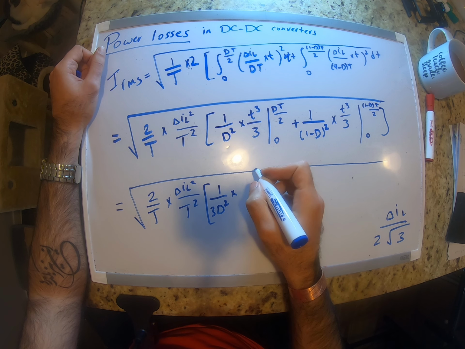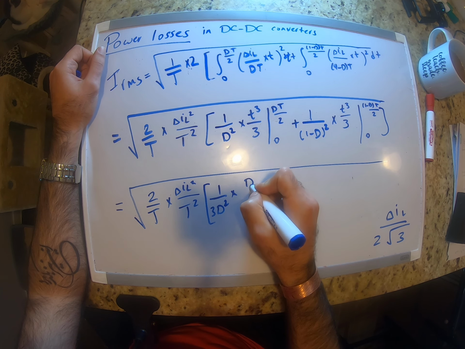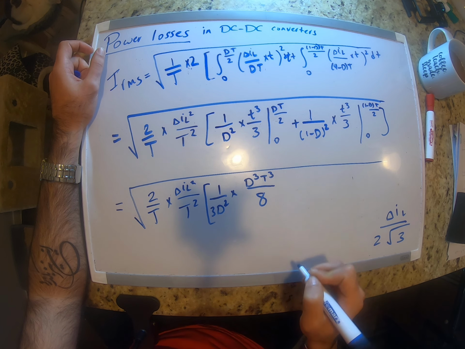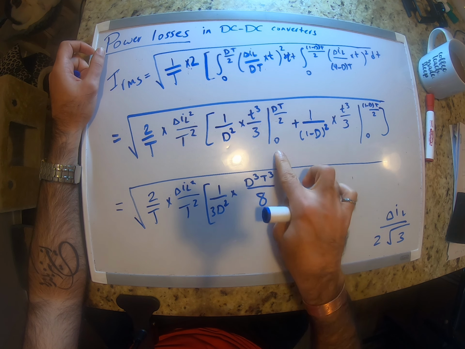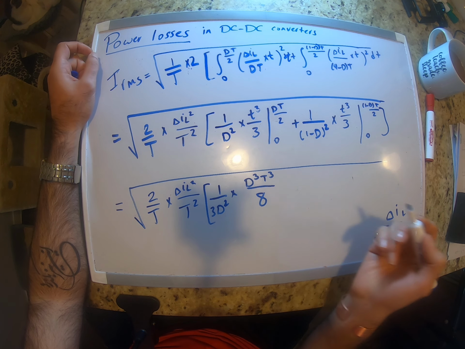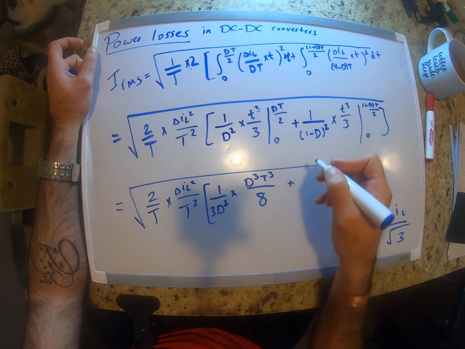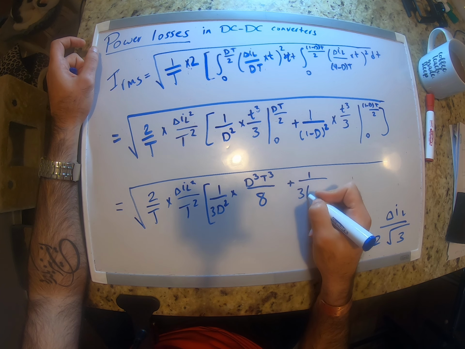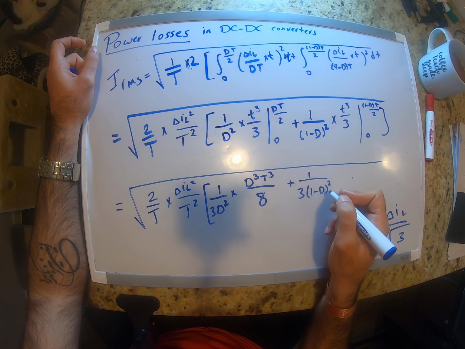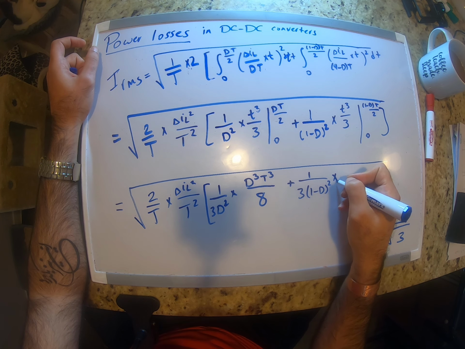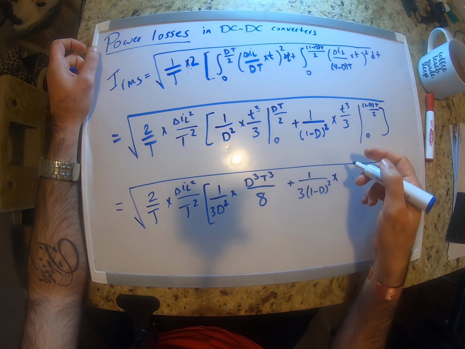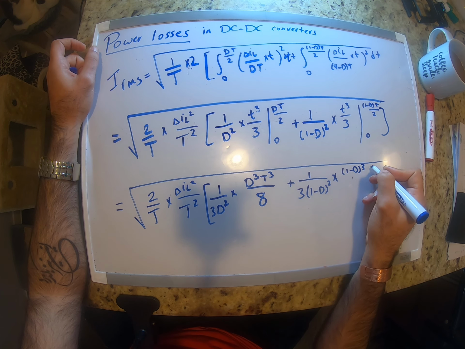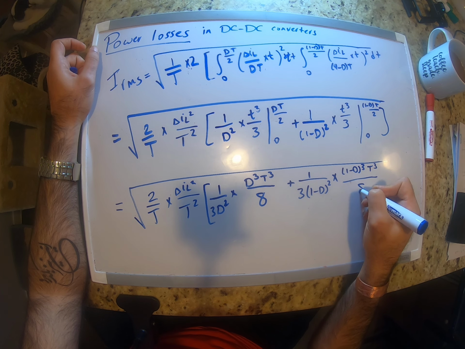So this is going to be d cubed t cubed divided by 8. And for 0 this is going to be 0, so minus 0, I'm just going to ignore that, plus 1 over, again I'll take 3 here, 3 times 1 minus d squared, multiplied by, okay, so this is going to be similar to this one. Instead of d we have 1 minus d cubed, t cubed divided by 8.